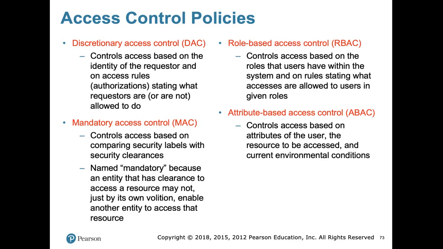In role-based access control, the access mechanisms define some roles, and they control the access to the resources based on the roles. They say, for example, we have 100 users and let's say 200 resources.